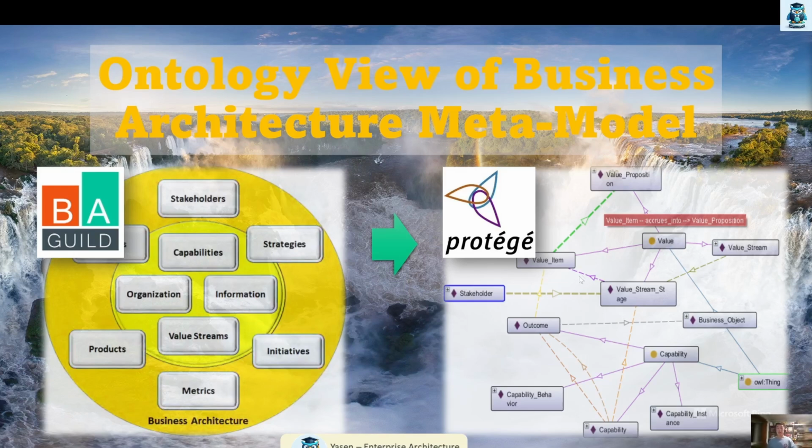So I found it interesting to put the meta model into one ontology. Then, as this demo picture shows, you can easily see the relationships between these different concepts in the business architecture knowledge base.